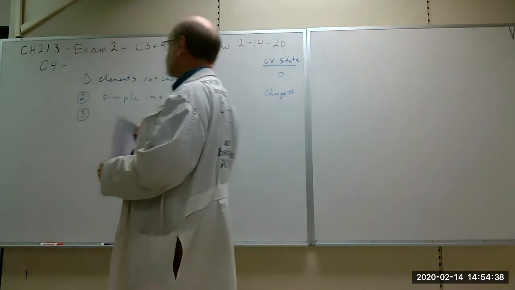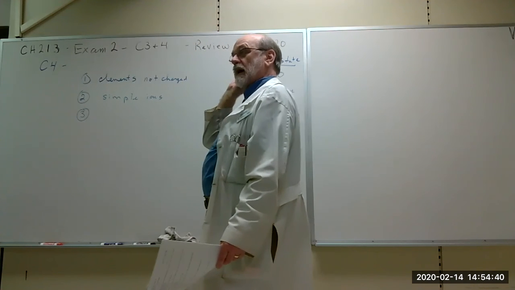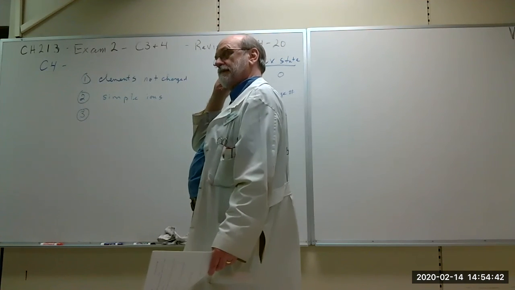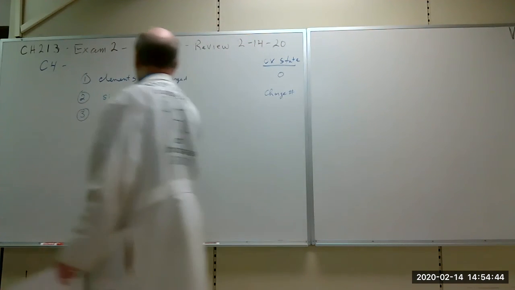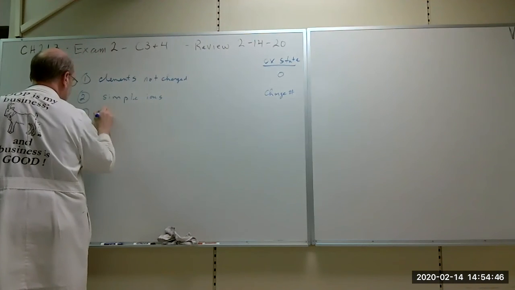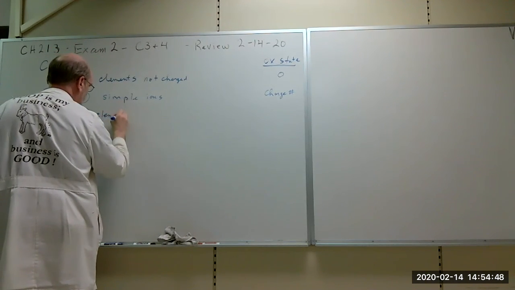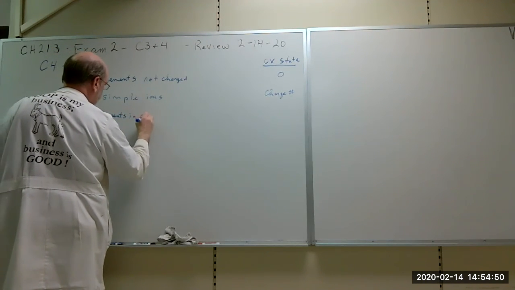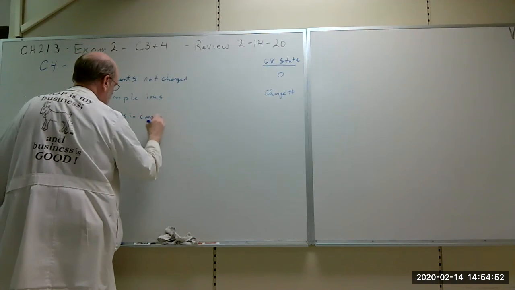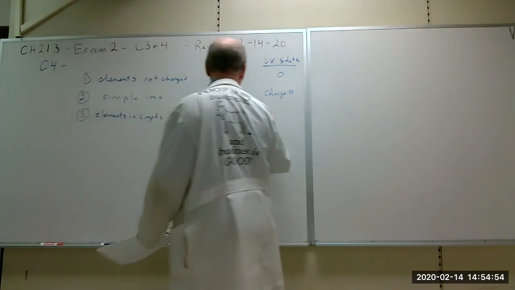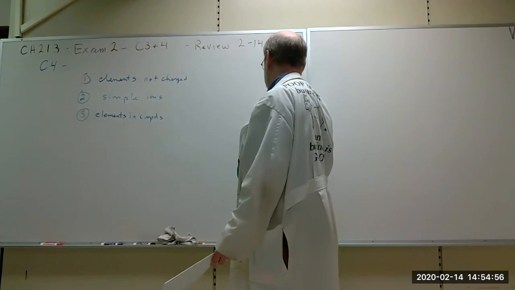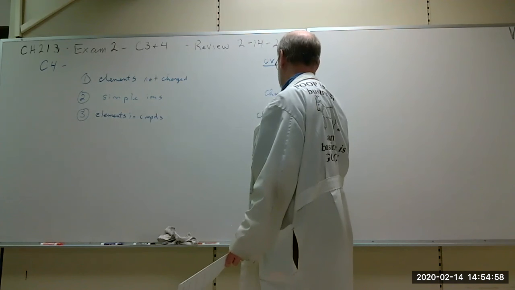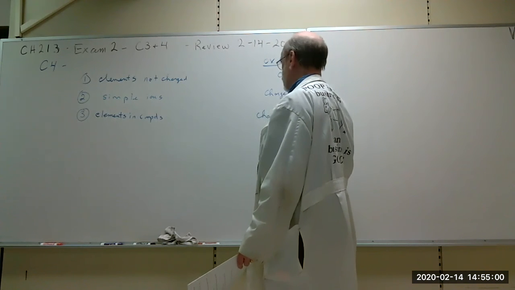Oxidation state for elements in compounds equals the charge on the element, the charge number on the element.